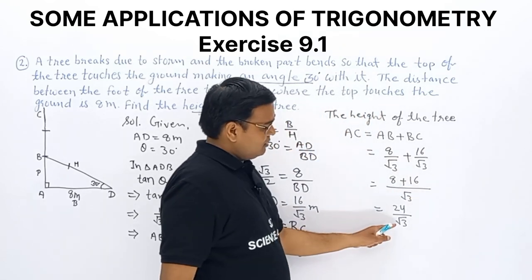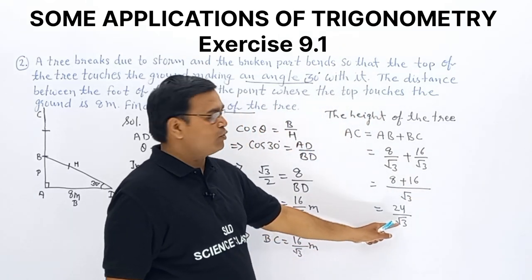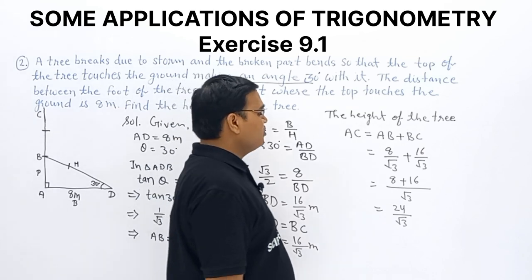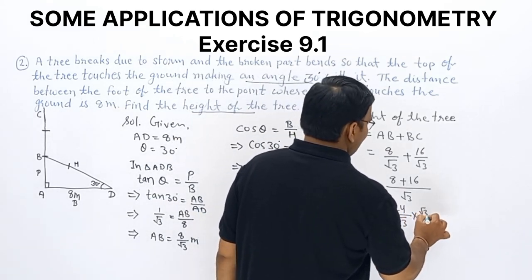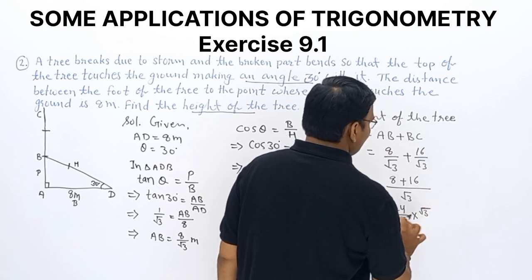We have a radical sign in the denominator, so we should remove it. How will we remove it? We will do rationalization. We multiply numerator and denominator by square root of 3.